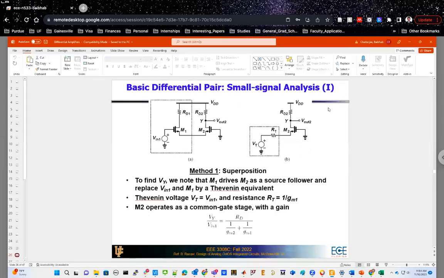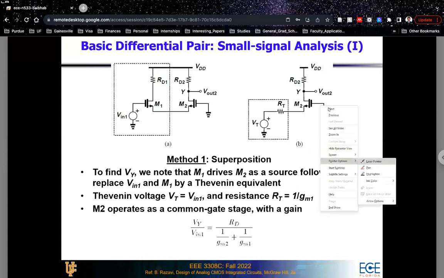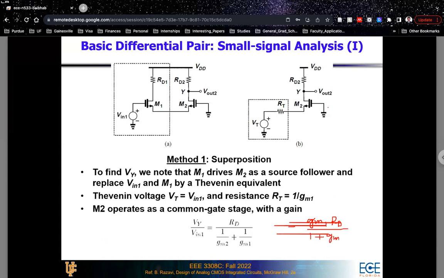So if I again write that down, your gain should have been minus GM1 times RD divided by 1 plus GM1 times RS. So that's the equation that we know from the cheat sheet that we discussed earlier.